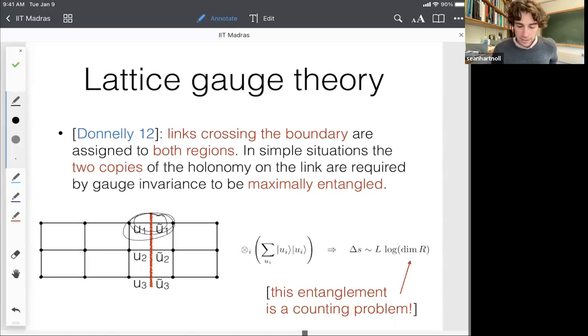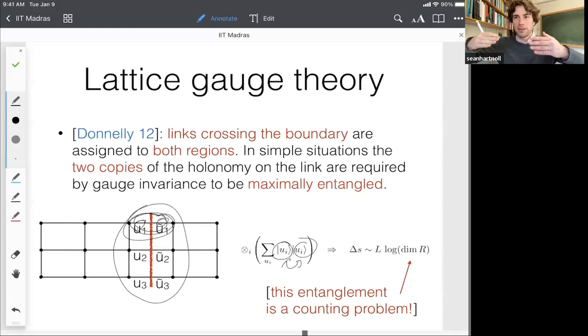And the way it works, in many simple cases in lattice gauge theory, is that these 2 copies of the holonomy that you introduce have to be entangled in the uplifted space. So you duplicate something, but then Gauss's law requires you to glue it back together again. It's forced on you by Gauss's law.